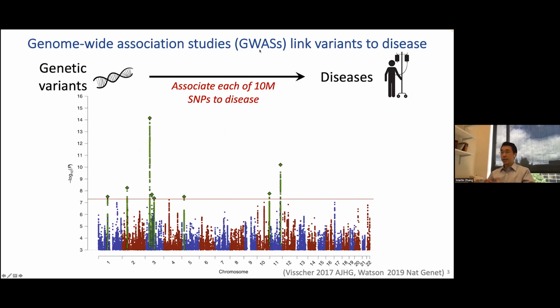This is the type of data that profiles the genotype data and phenotype data across a large population of people, and then they associate each of the 10 million SNPs or mutations to disease. Now that we have those associations of the genetic variants to disease, we can start trying to fill in what's in the middle between the genetics and disease in terms of molecular mechanisms.